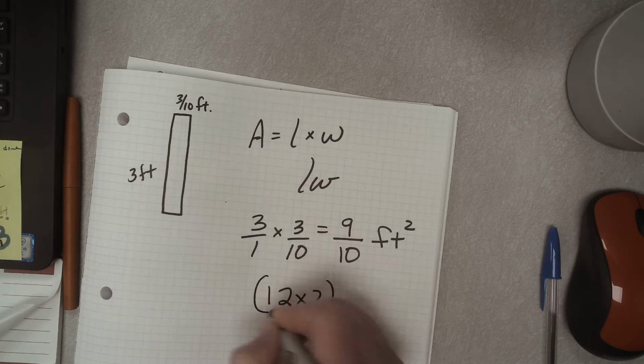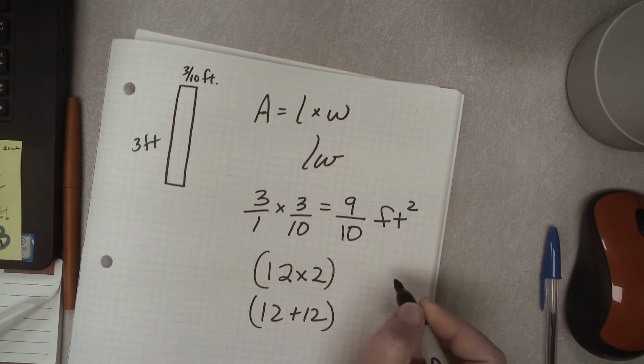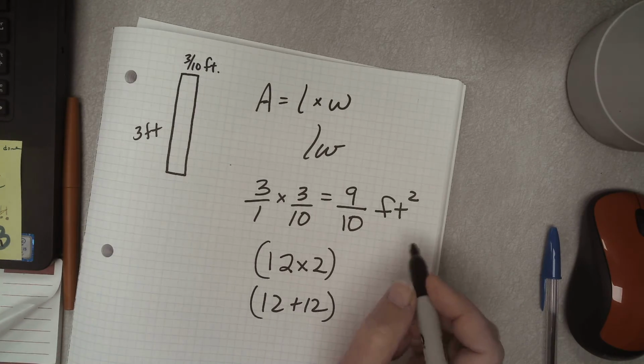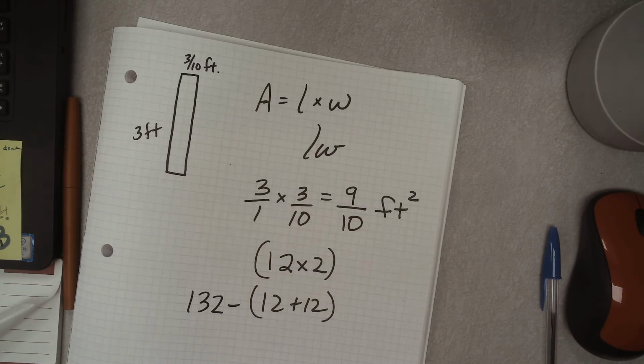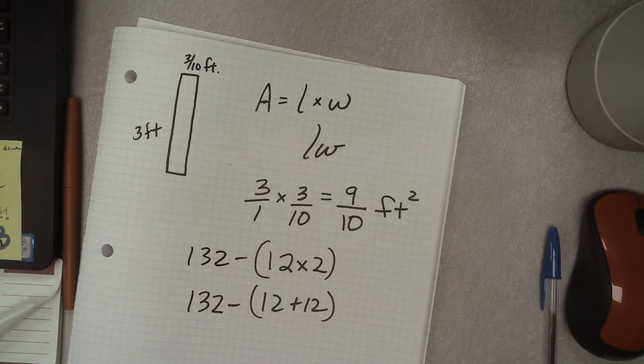I can write it this way or I can write it this way. And I'm subtracting that from what? 132. Subtract 12 doubled from 132. That's what it looks like.